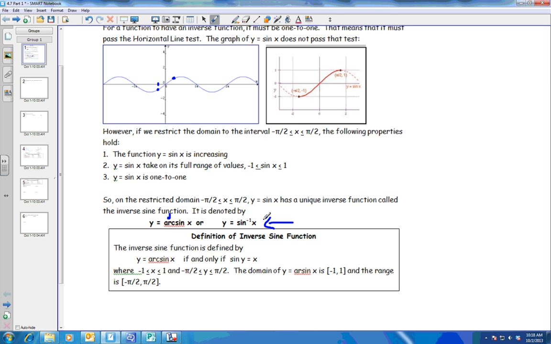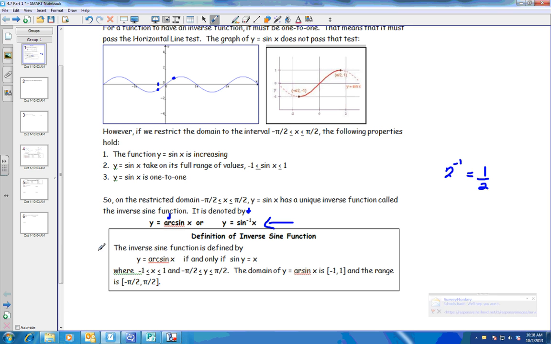Another way we could write it is y equals sine to the negative 1 of x. Usually, if I had 2 to the negative 1, I could rewrite it as 1 over 2. In this case, that does not mean I can put 1 over sine x. This is the symbol for the inverse of sine, which is different than 1 over sine. And we'll talk about that in a minute.